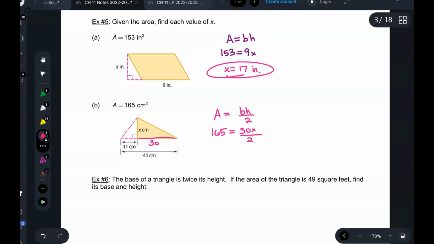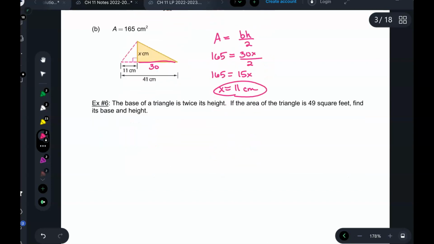I got 11. Wait, 165 divided by 15. 11. It's 11. Warren, get on my level.